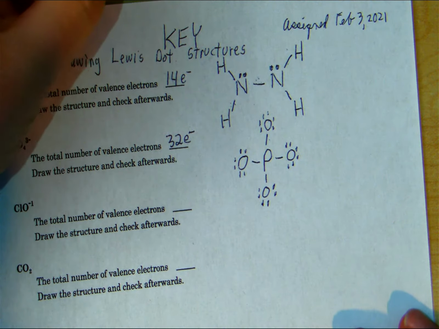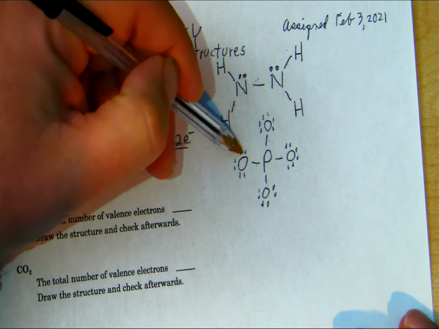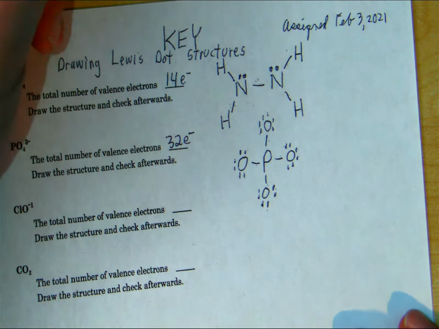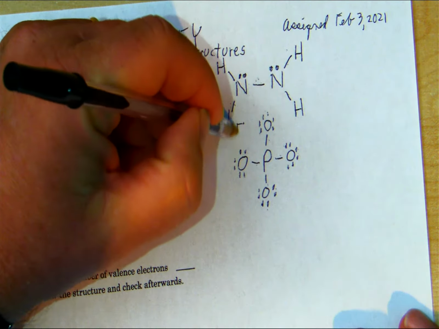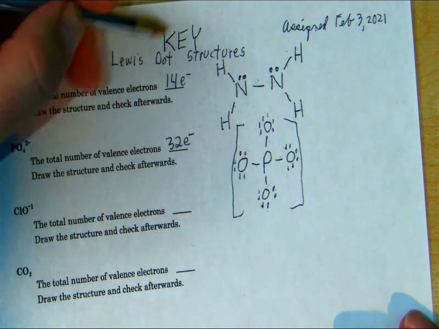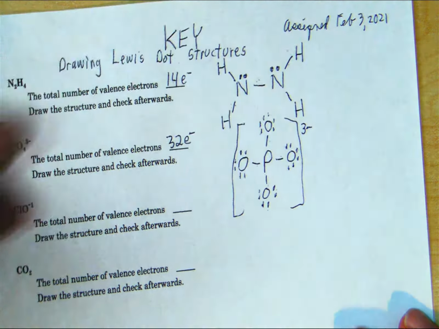And say, look, I've used up my 32 electrons. 2, 4, 6, 8, 10, 12, 14, 16, 18, 20, 22, 24, 26, 28, 30, 32. Ta-da! Put square brackets around this whole structure to inform the world that it has a net 3 negative charge.